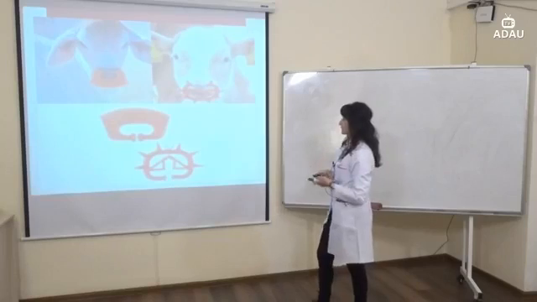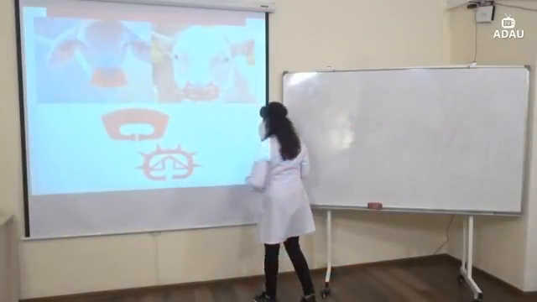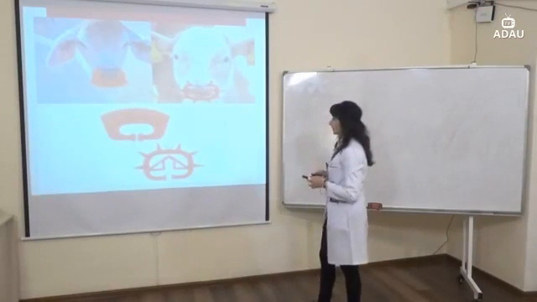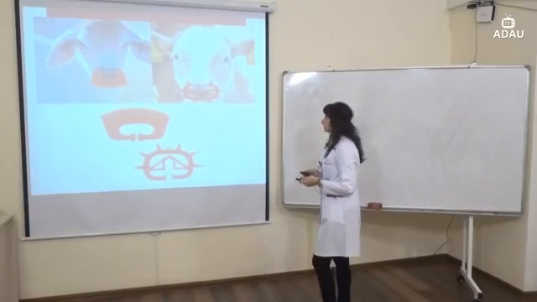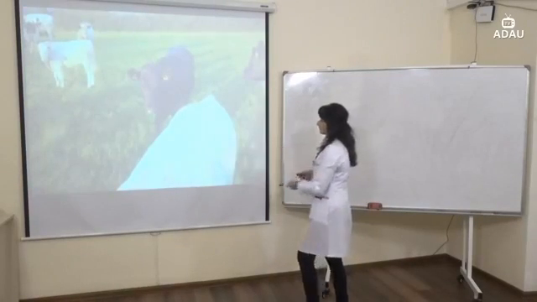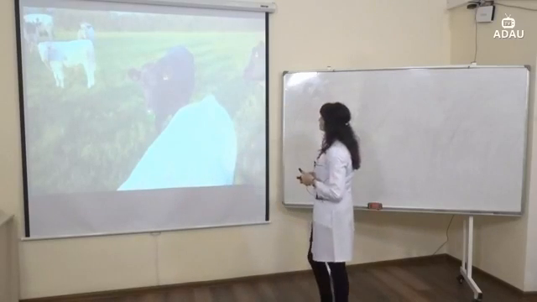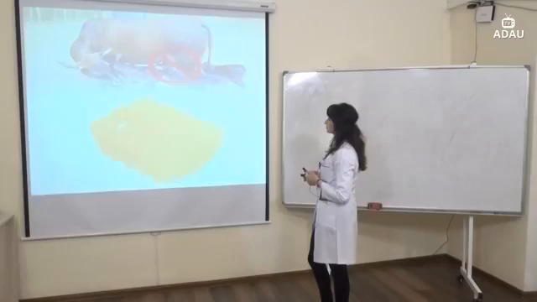Here we can see this shape, which has needles on the tip that damage the udder of the cattle. Here we can see the green one.